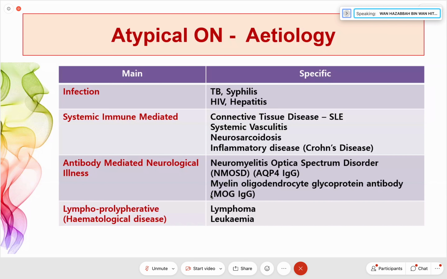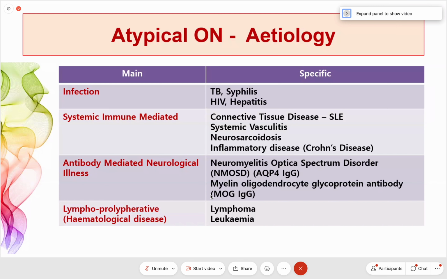So what are the etiologies here? The common ones are listed here. Infection, we have to rule out TB, syphilis, some cases of HIV, but so far we don't have many cases related to hepatitis. SLE is quite common.